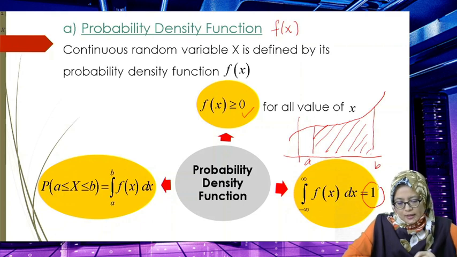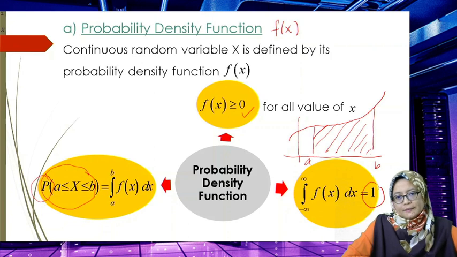Then the third criterion is for the probability that x is between A and B. We integrate the function fx dx over the interval from A to B to find the probability. Here too, if there is a P in front, the value must be between 0 and 1.